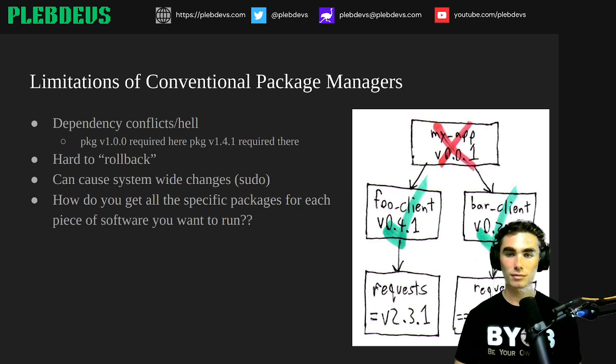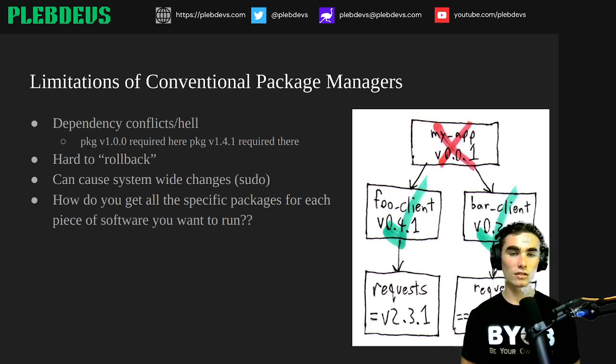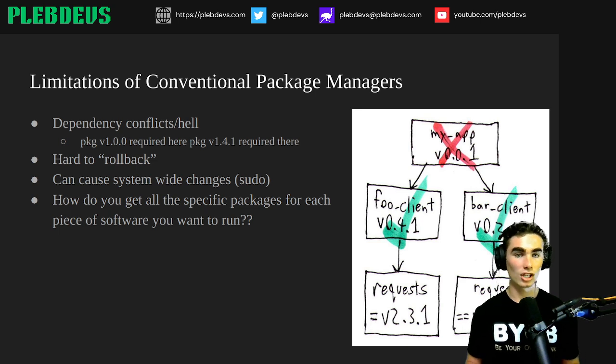That can cause problems because now you're trying to manage these two different versions, and it will ultimately result in your app not working. When you make changes or install new packages, it can be hard to roll them back, and it can cause system-wide changes. Whenever you run sudo on Linux, you are giving permission for that command to have root access and change things on the system level.